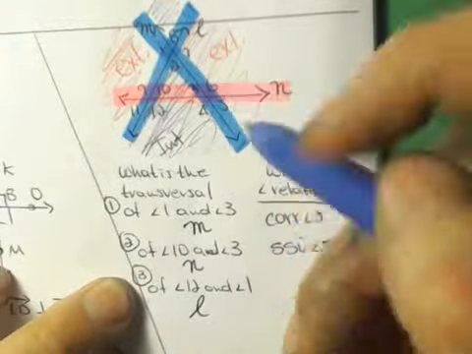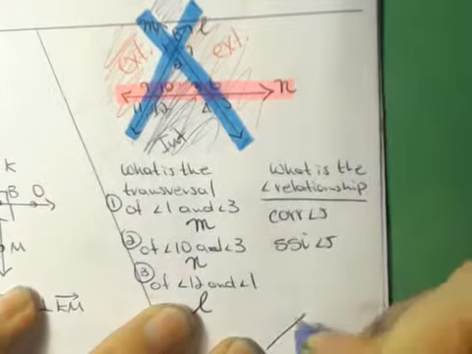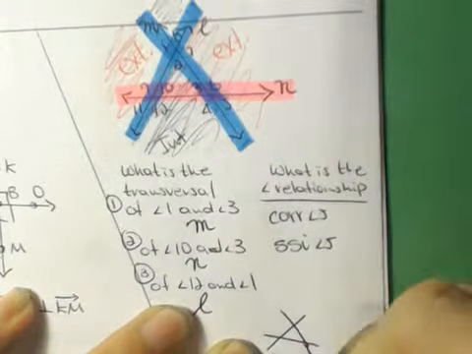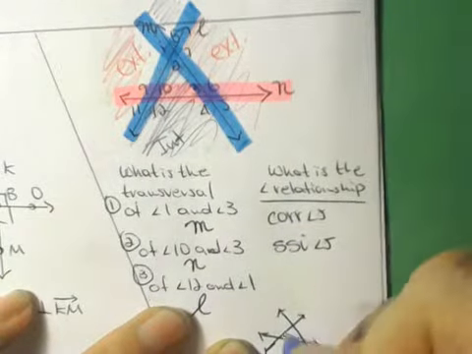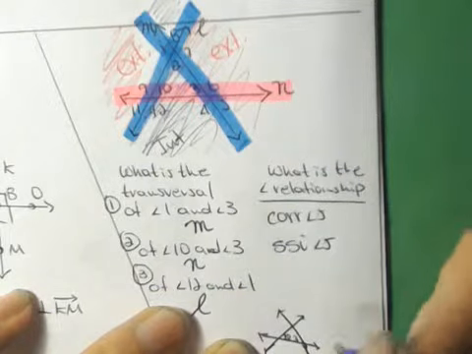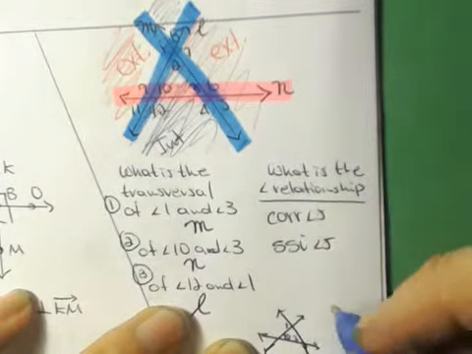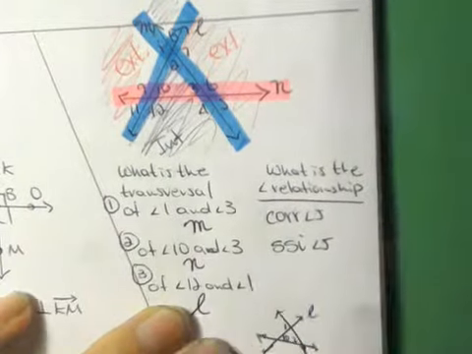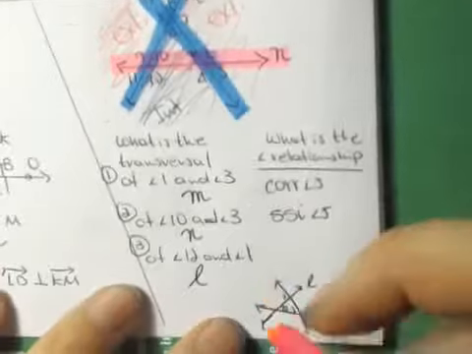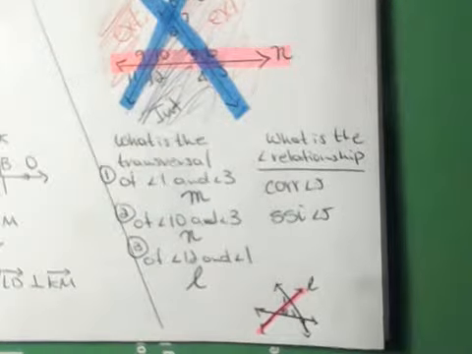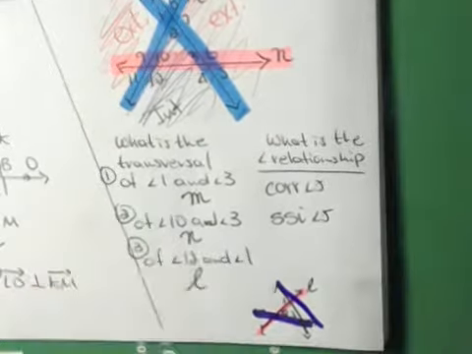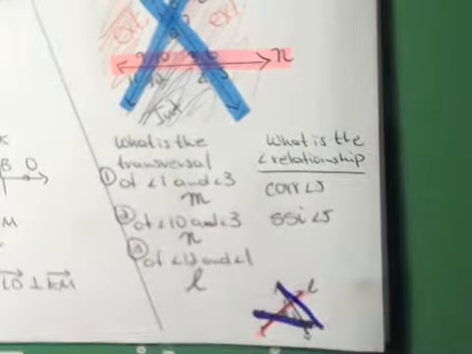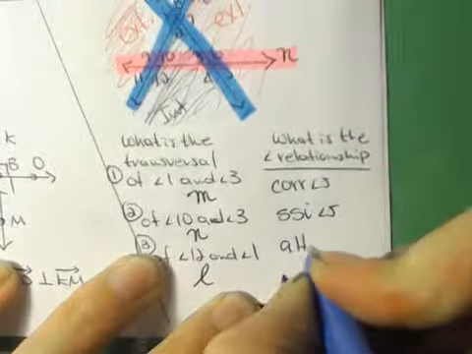It's going to be L. So 10 and 3, 10 and 1, so this is 1, this is L. So if L is our transversal, the other two are going to be on the inside, but they alternate across, so what kind of angles are they going to be? Alternate interior.